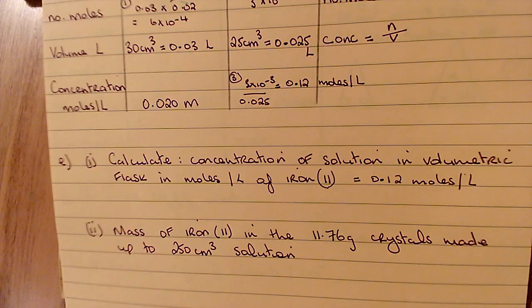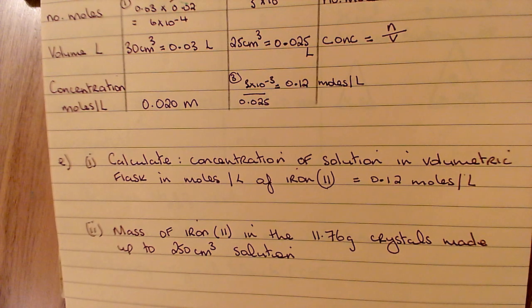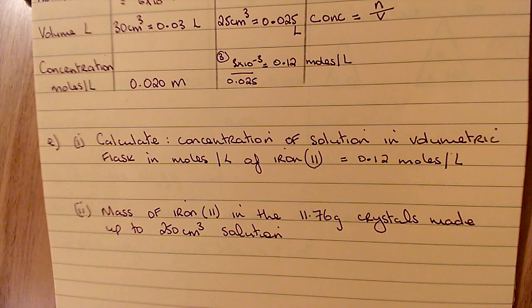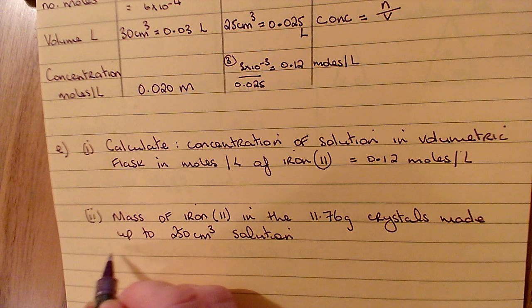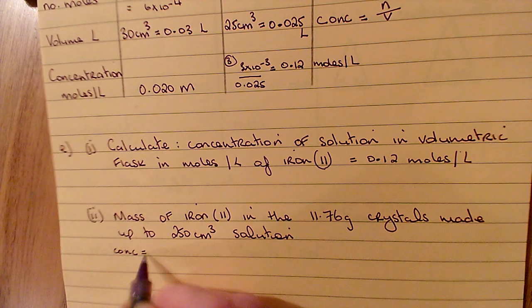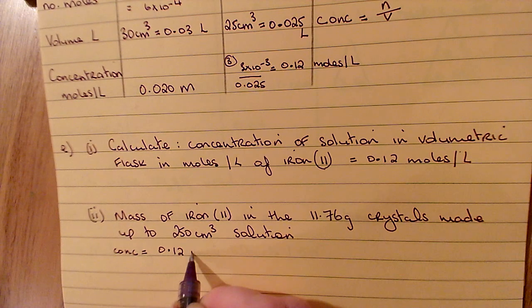Right, part 2. Now we want to calculate the mass of iron 2 in the 11.76 grams of the crystals, okay, that were made up to 250 centimetre cubed in the solution. So let's start off. We know that the concentration of our solution is 0.12 moles per litre.